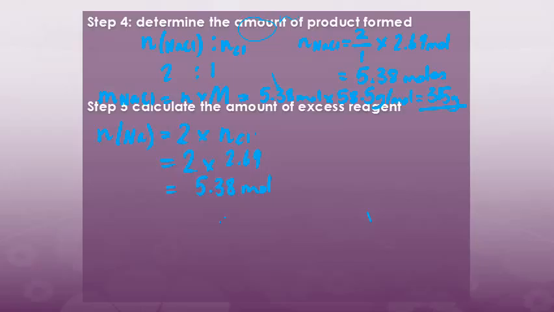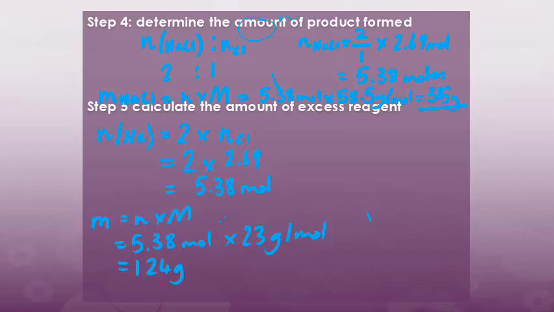To figure out what mass this is, mass equals moles multiplied by molar mass, so I'm going to go 5.38 moles multiplied by 23 grams per mole, which gives me 124 grams.